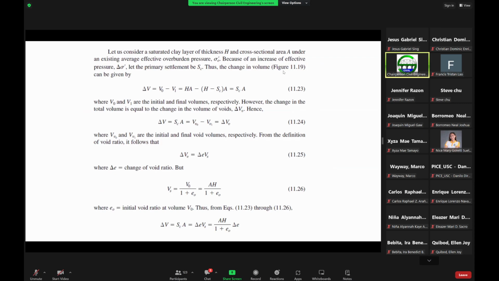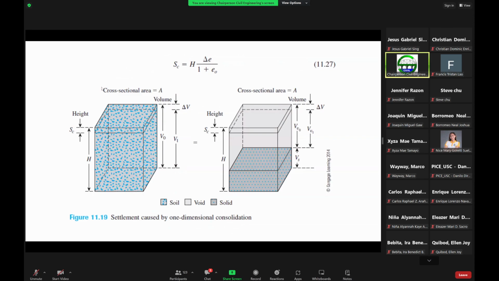Now, because of an increase of effective pressure, delta sigma prime, caused by your foundations, we can now have our primary settlement, which is equal to S sub C. From this initial position, we will have a primary settlement, S sub C, wherein the soil element will reduce in height.